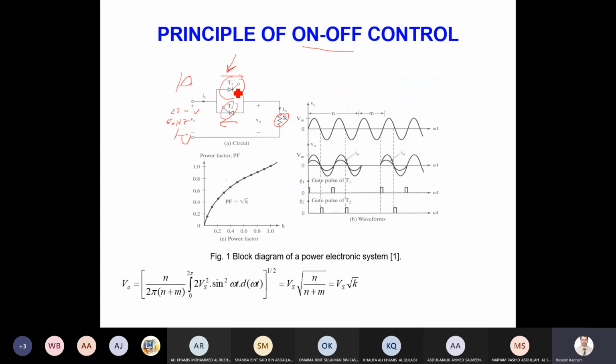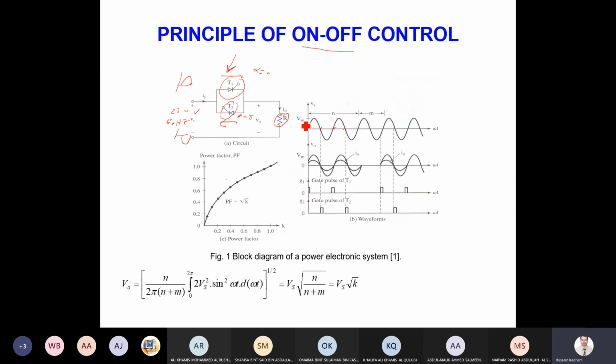Now, how do we trigger them? We trigger them at angle 0. It means alpha for this one is 0. For this one, alpha is pi. It means it should look like it works as a diode.